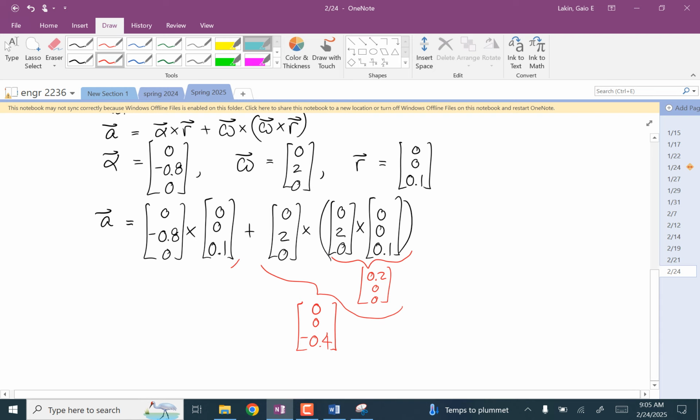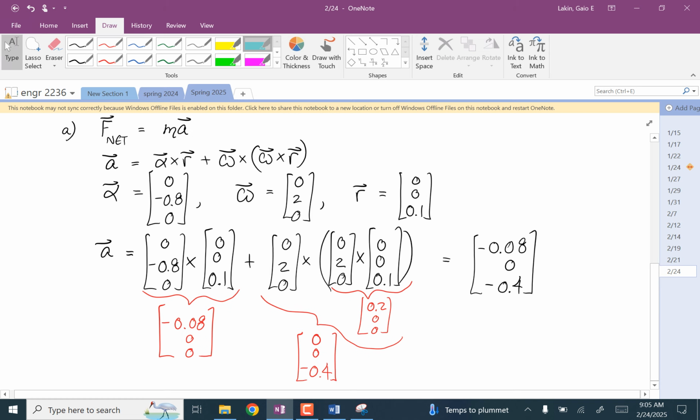And so this acceleration comes out to be negative 0.08, 0, negative 0.4.